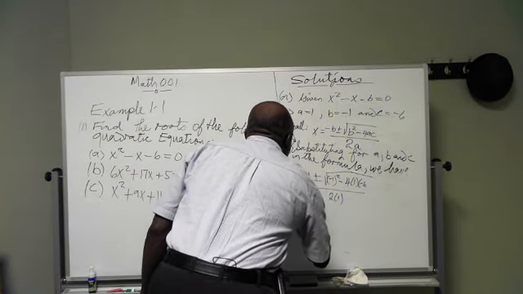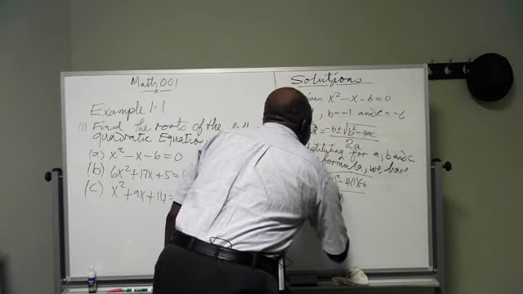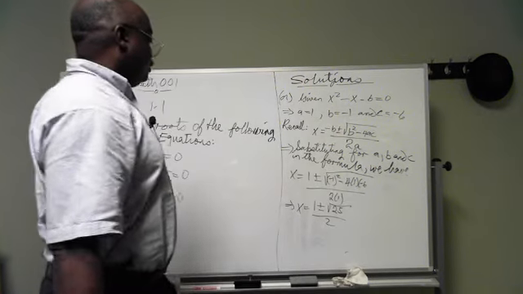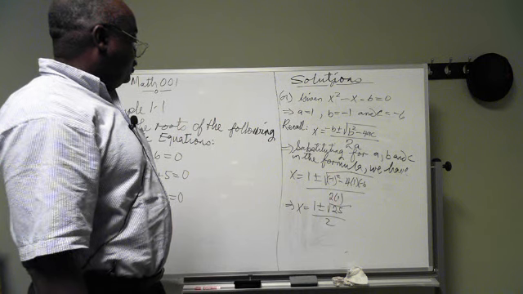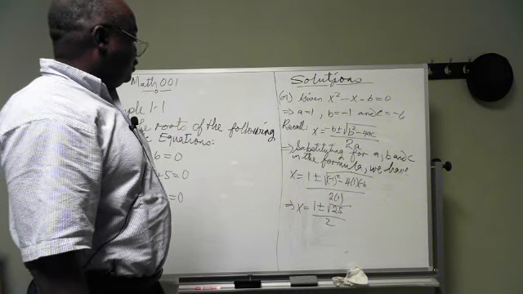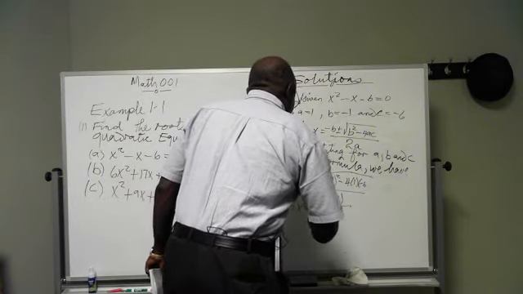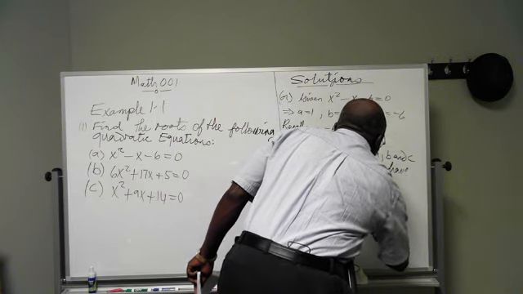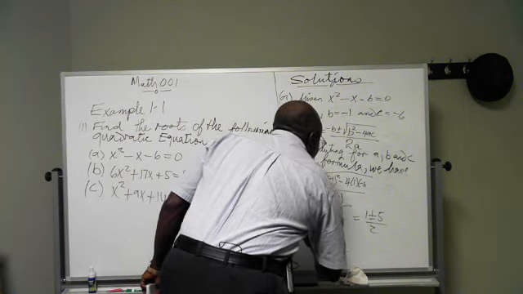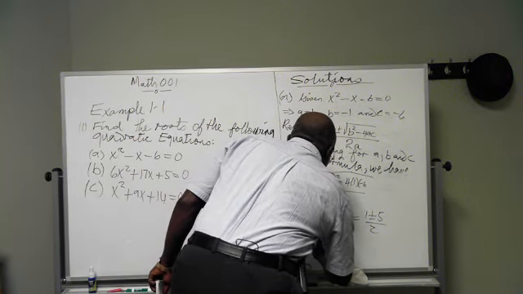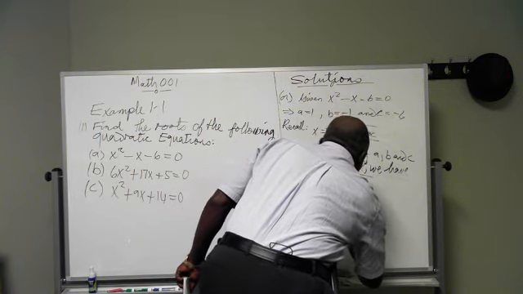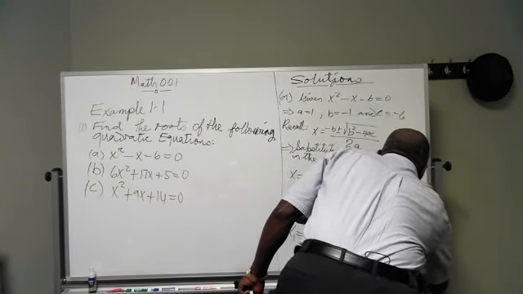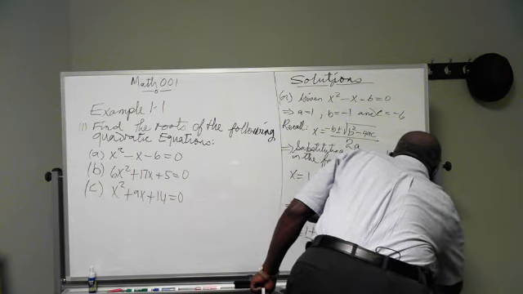This gives us x is equal to 1 plus or minus the root of 25 all over 2, which implies x1 is equal to 1 plus 5 over 2, which is equal to 3, and x2 is equal to 1 minus 5 over 2, which is equal to minus 2.